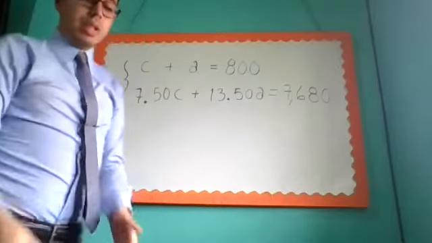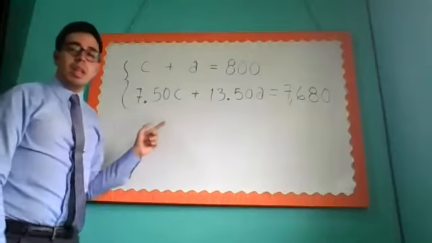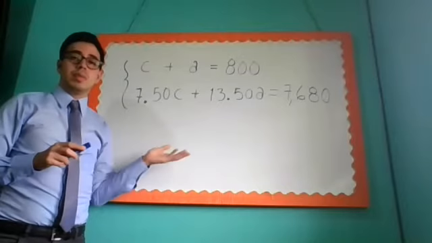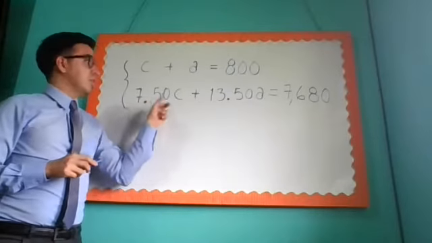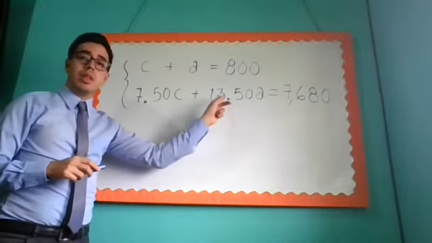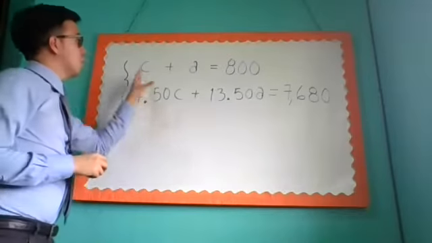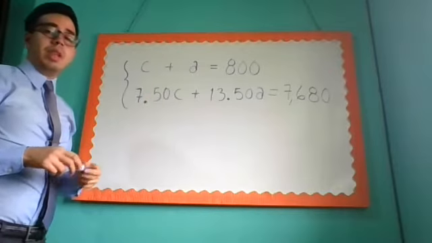And what equation? For example, for the first one, you only have the variables C and A. You don't have anything multiplying your variables, like in this one. And you have the 7.50 multiplying, and the 13.50 multiplying the other variable. So we are going to use this equation to find the value for one of the variables.